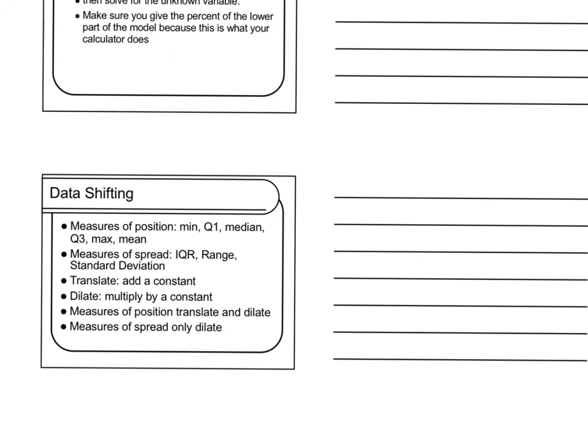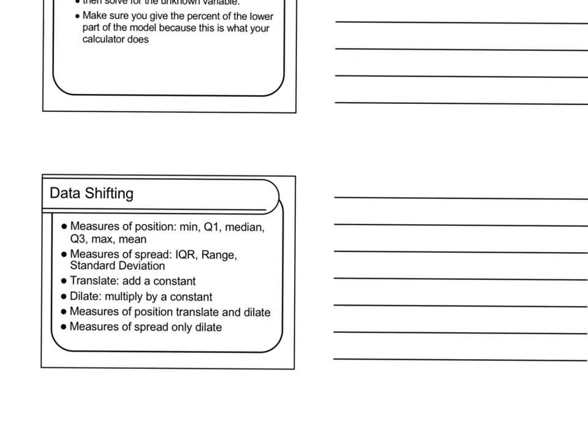Those are all measures of position. The actual numbers that are on your box plot, those will translate. You can add a constant to them and they will translate. You can multiply them by a constant and they will dilate. But measures of spread, the IQR and the range and the standard deviation, they only dilate.